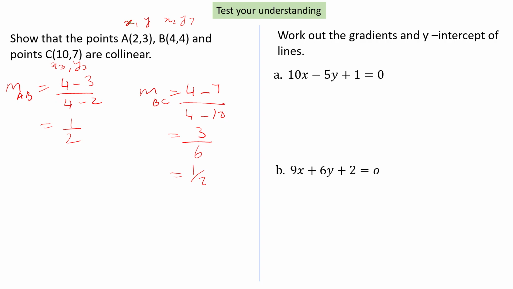So then gradient AB and gradient BC are equal. So these ABC are lying on the same line, are collinear. These 3 points are collinear.